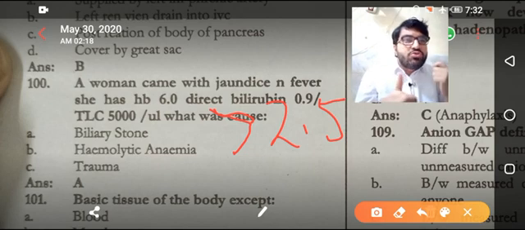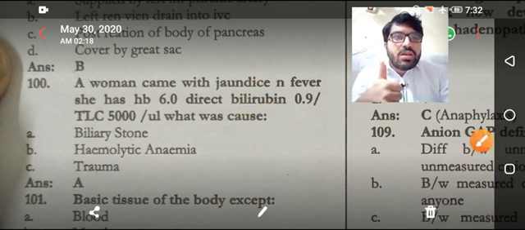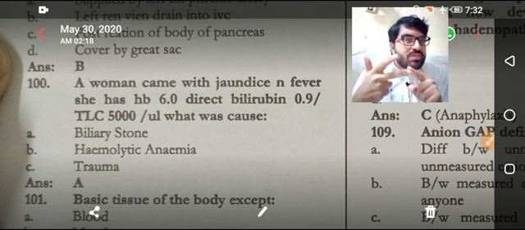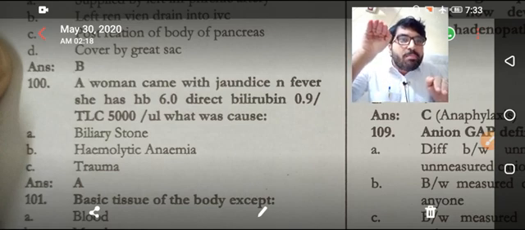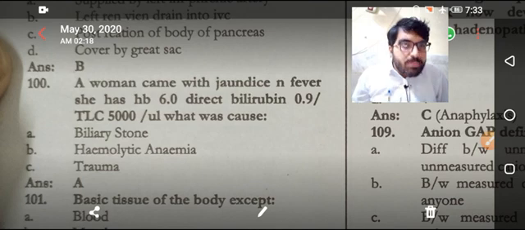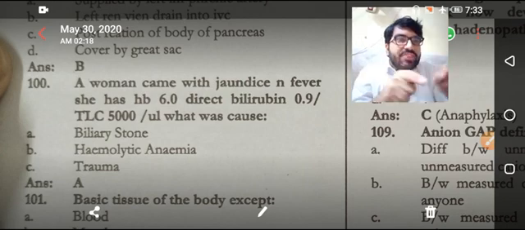So if a patient comes to you with jaundice, think of bilirubin more than 3. So a patient is also having fever and HB is 6. Now there is decreased HB and increased bilirubin, but they have given you a direct bilirubin, that is 0.9. So it means that the major portion of the bilirubin is indirect, because the direct is less.